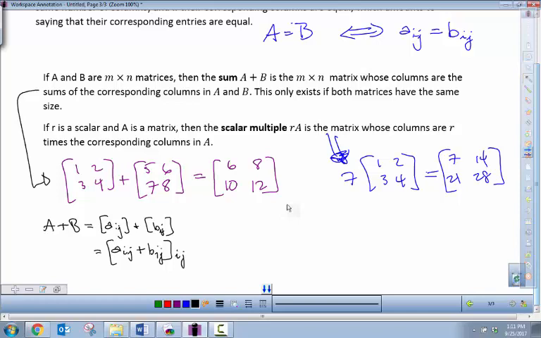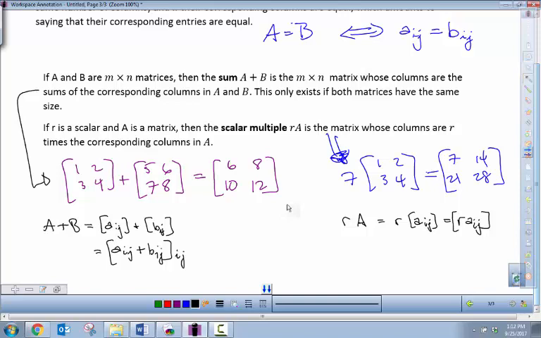So it's a term-wise addition, just like vectors. And then same with the scalar multiplication. R times a matrix is going to be R times Aij. And all you're doing is, for every single one, you're multiplying every single element.